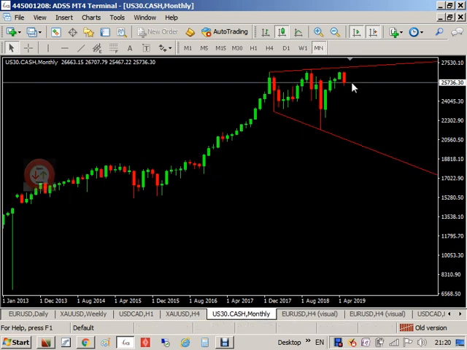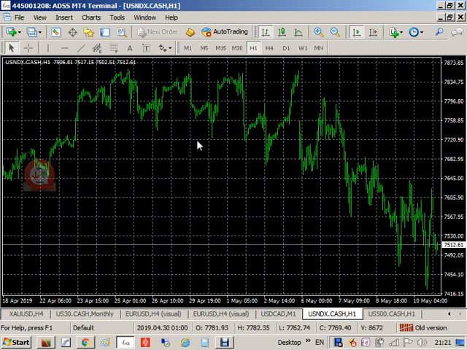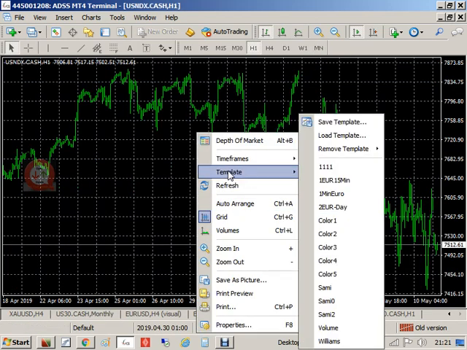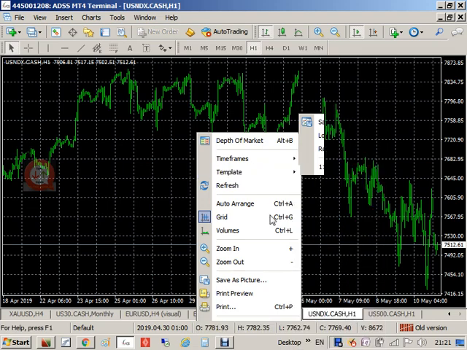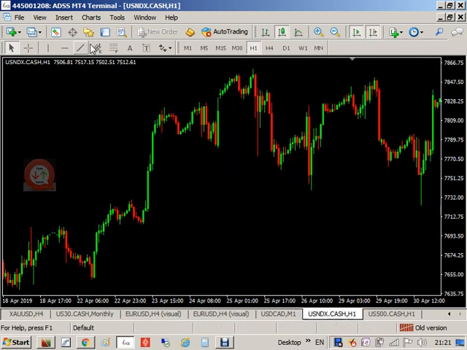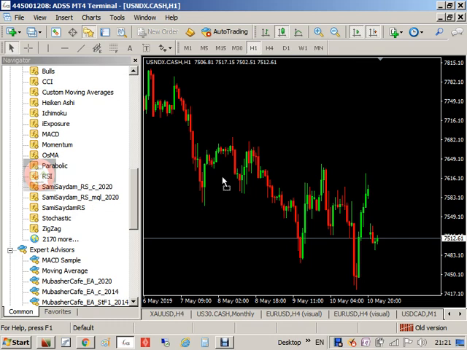If we go monthly, there is none, but let us go to Dow Jones, we put my indicator template, again the indicator here.